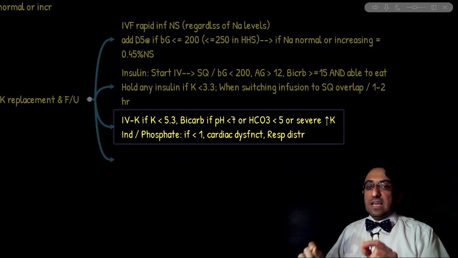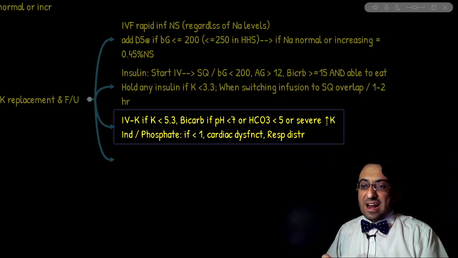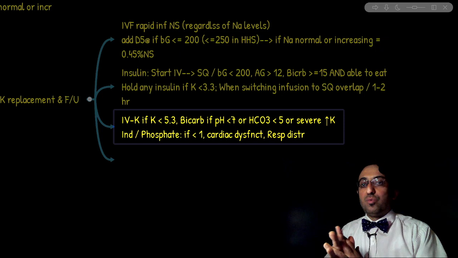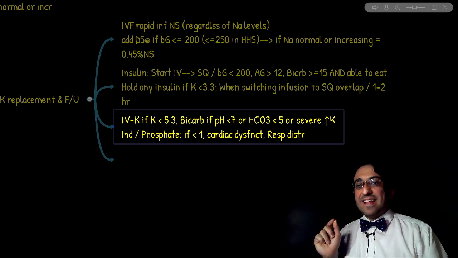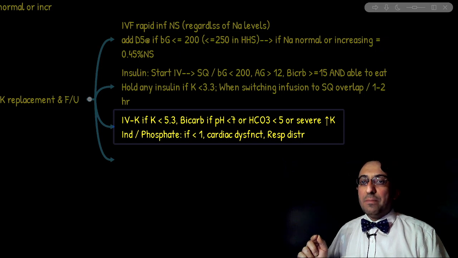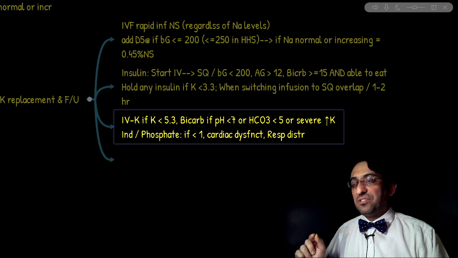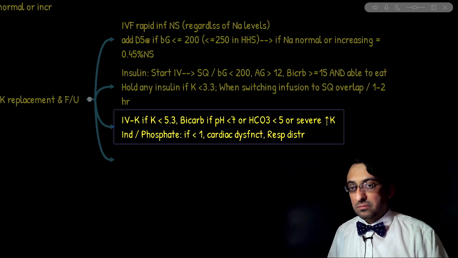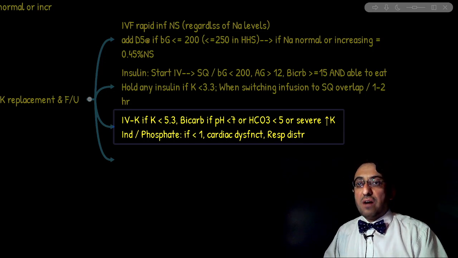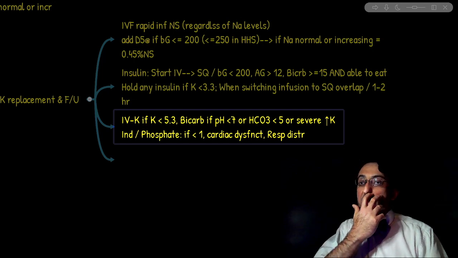What are the indications of bicarbonate administration in patients with DKA? Severe acidosis with pH less than 7, bicarbonate that's less than 5, or severe hyperkalemia. What are the indications of phosphate in the course of management of DKA?